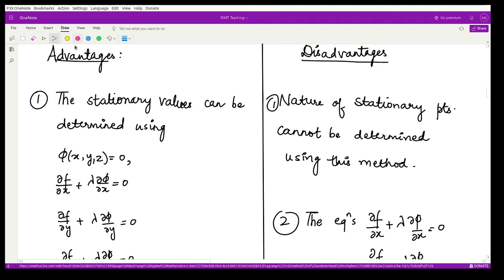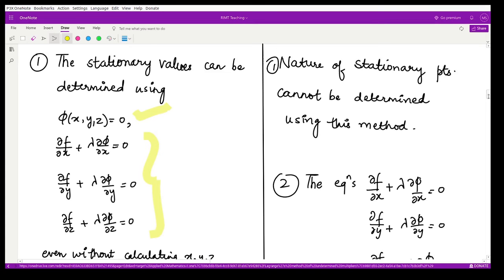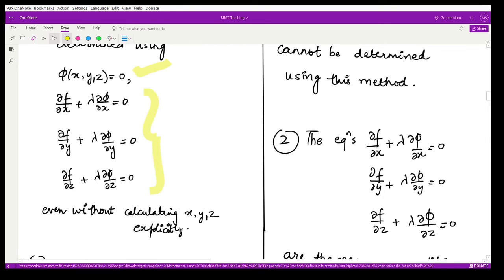Okay, so let us now discuss several advantages and disadvantages of using this method. So the stationary values can be determined using these 4 equations I have just told you, the constraint equation and these 3 equations. However, we do not explicitly calculate the values of x, y and z.